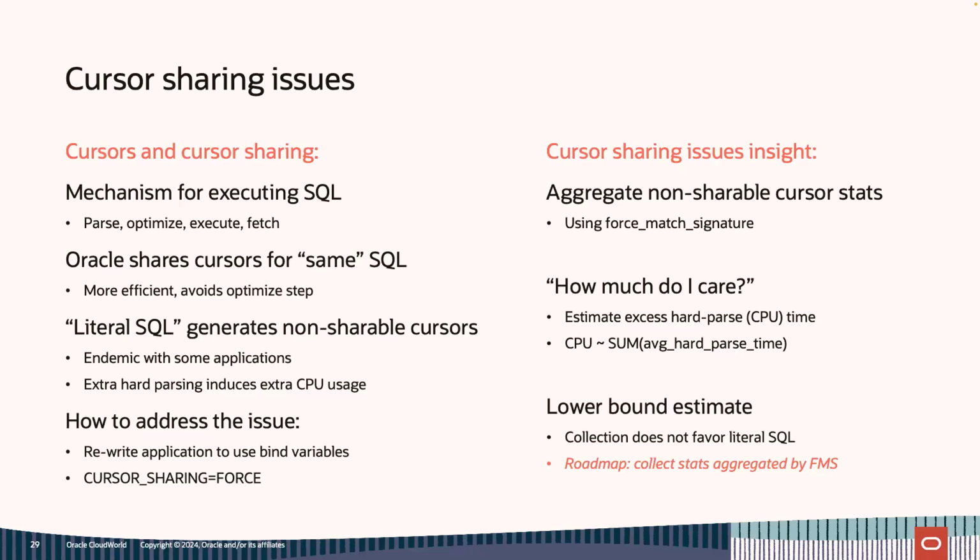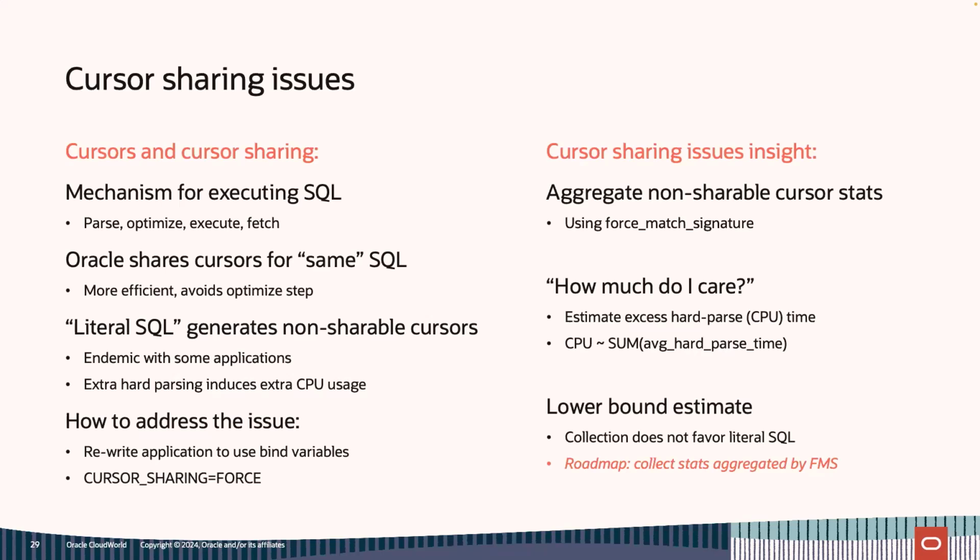In the case of literal SQL, usually they only get hard parsed once because every one of these hard parses itself and executes once, right? And so the total hard parse time across all of the executions is approximately equal to the wasted CPU time. And so that's what we basically say.